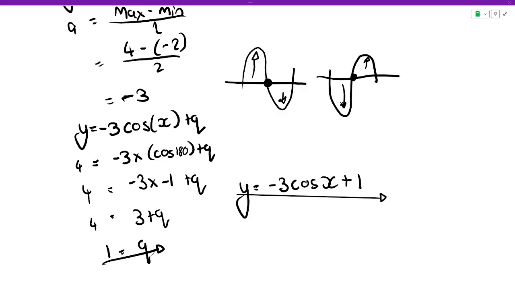Sine, well, it's 0 at the positive, so 180 and 360. 0 on the y-axis. Cos, on the other hand, well, it's 0 on the 90 and 270. And then to check if it's inverted, yeah.